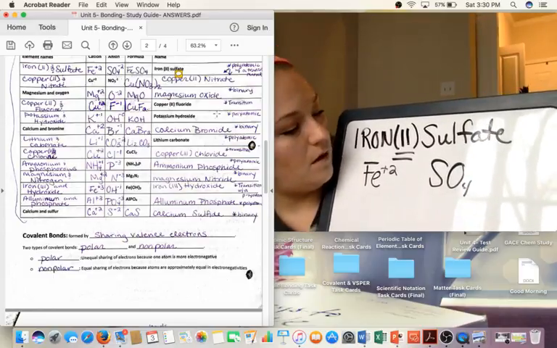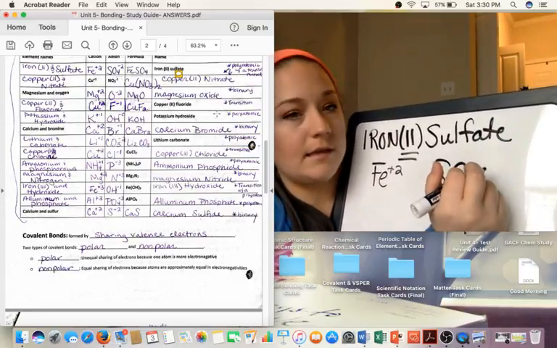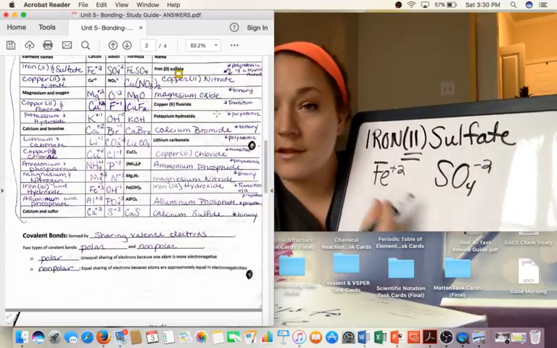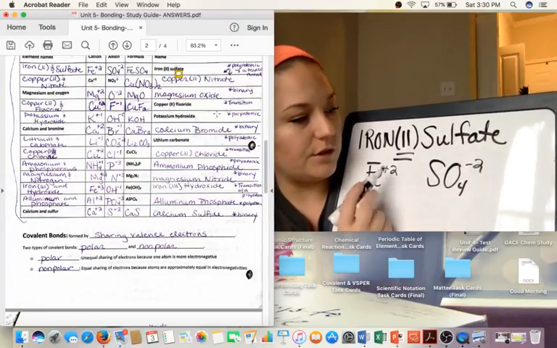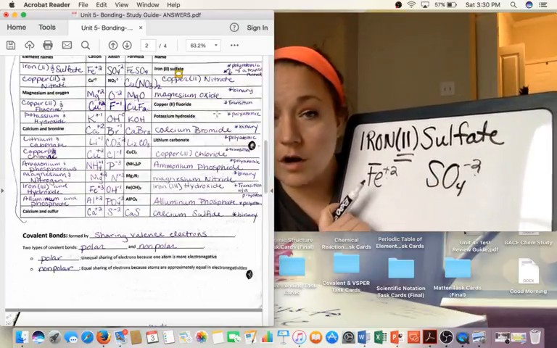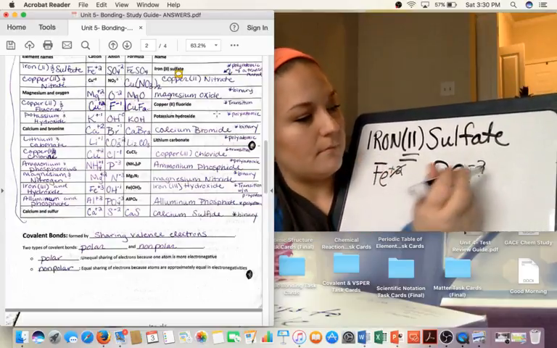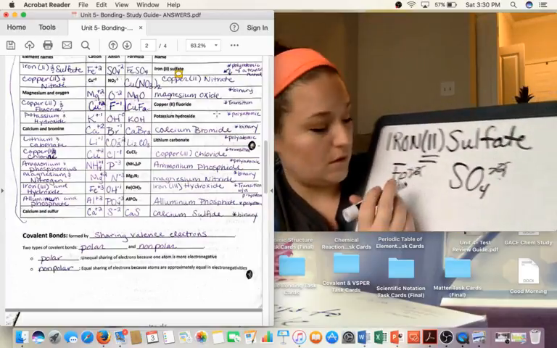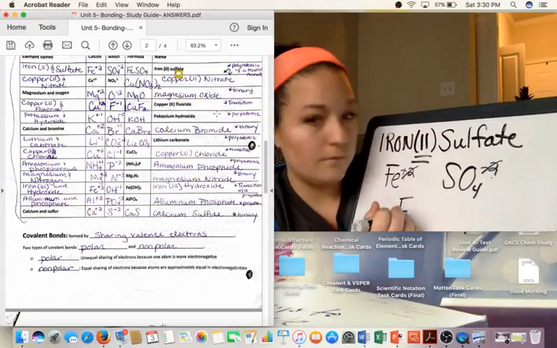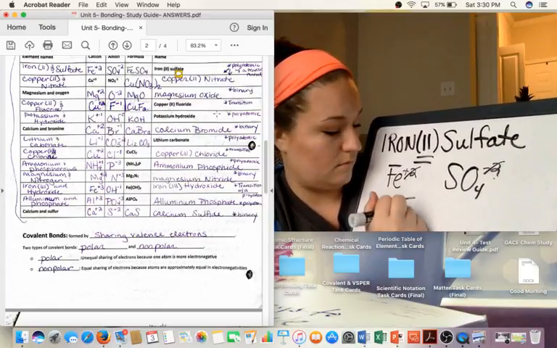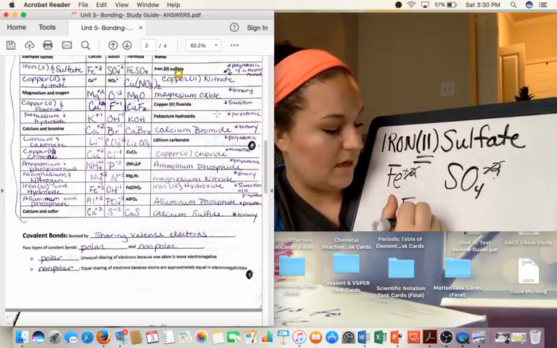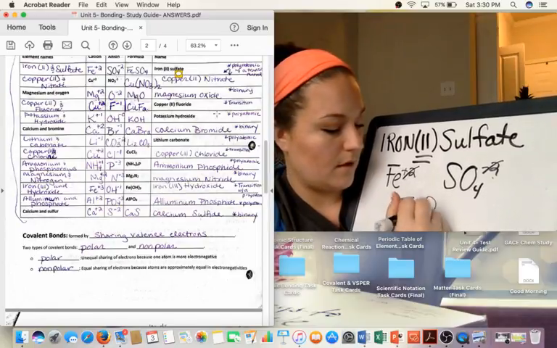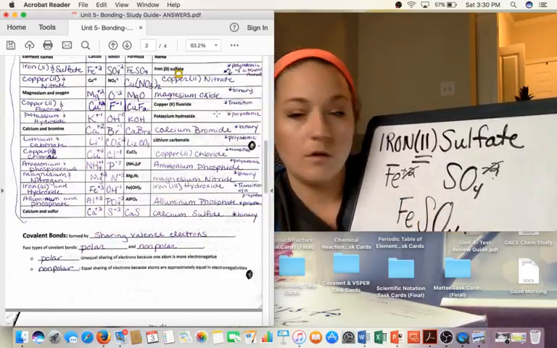So he has a -2 charge. So ask yourself, does +2 and -2 cross out? They do. So when they form their formula, it's going to be FeSO4.